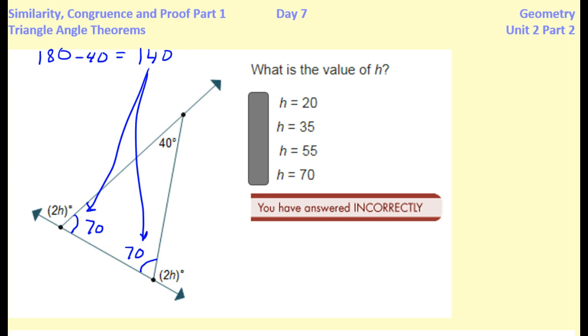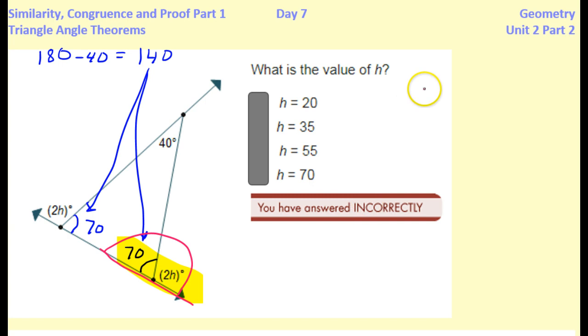Okay, so now look at this pair of angles. See how they make a straight line together? So these two angles are supplementary. Together they add up to 180 degrees.